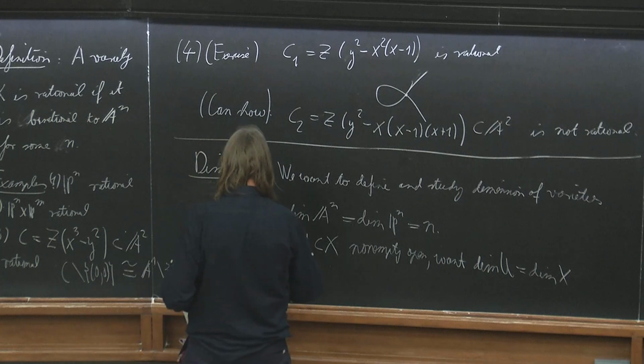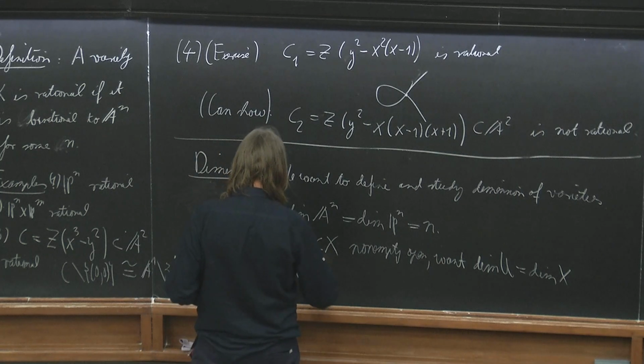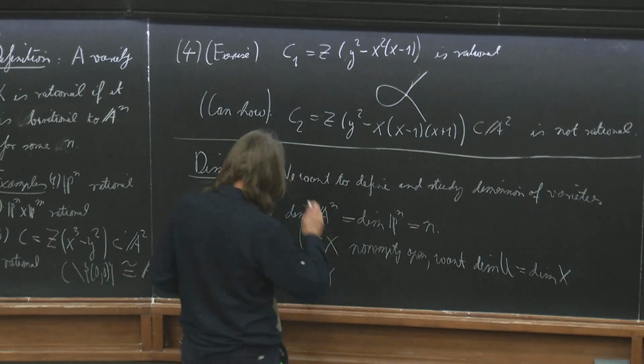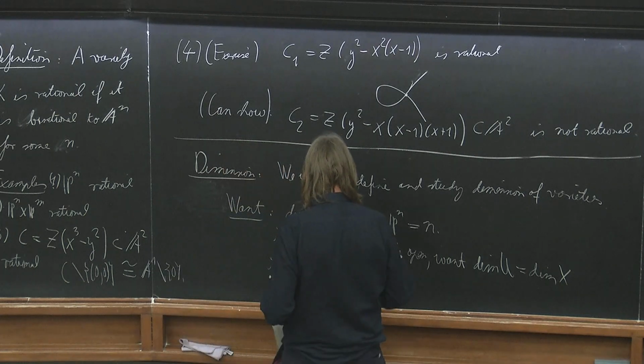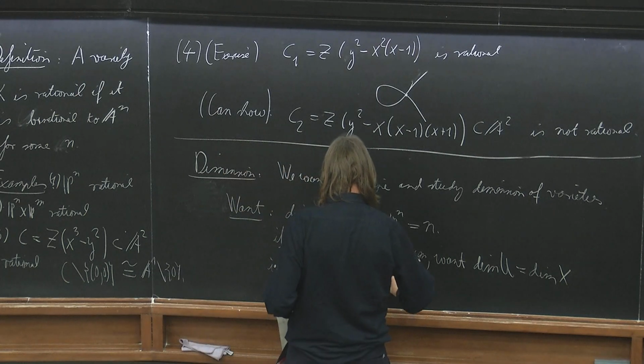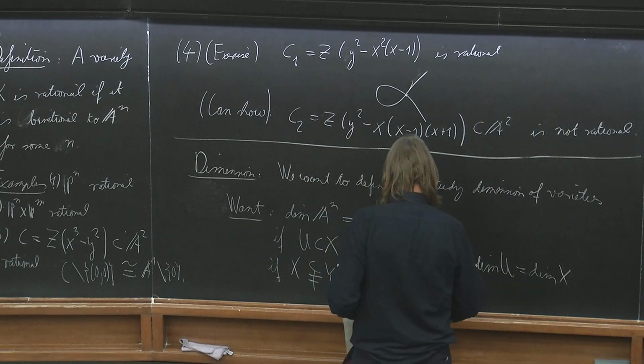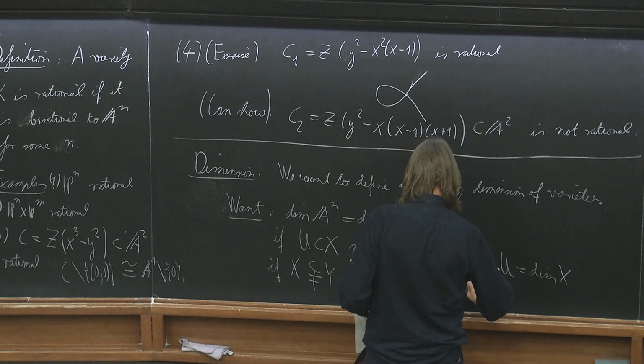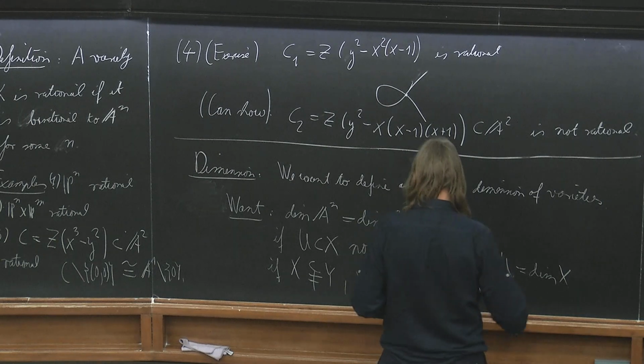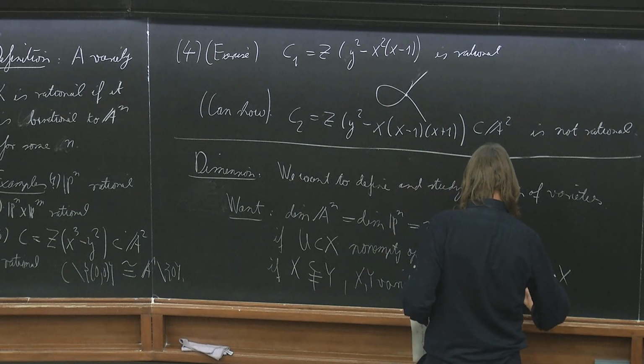So if X is contained in Y, and X and Y are both varieties, so also both irreducible, then the dimension of X should be smaller than the dimension of Y.